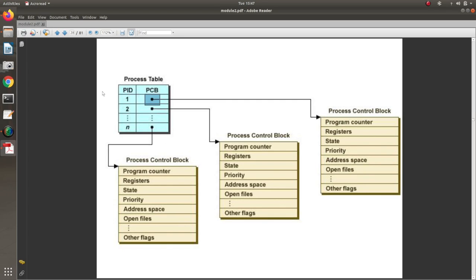So if the operating system wants to take some action on the process with process ID 1, it checks for the PCB of the process ID 1 in the process table, that is 123, and it goes to the address 123 and finds the process control block of the process ID 1, and it takes the required actions based on the data present in the process control block.